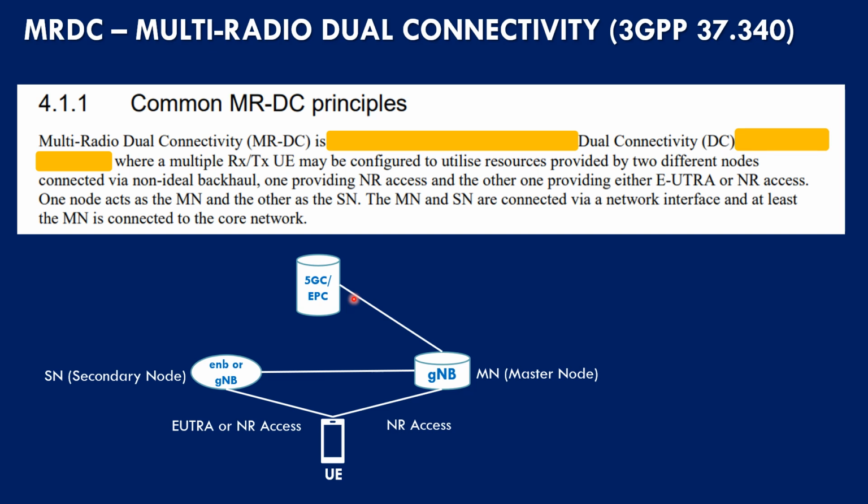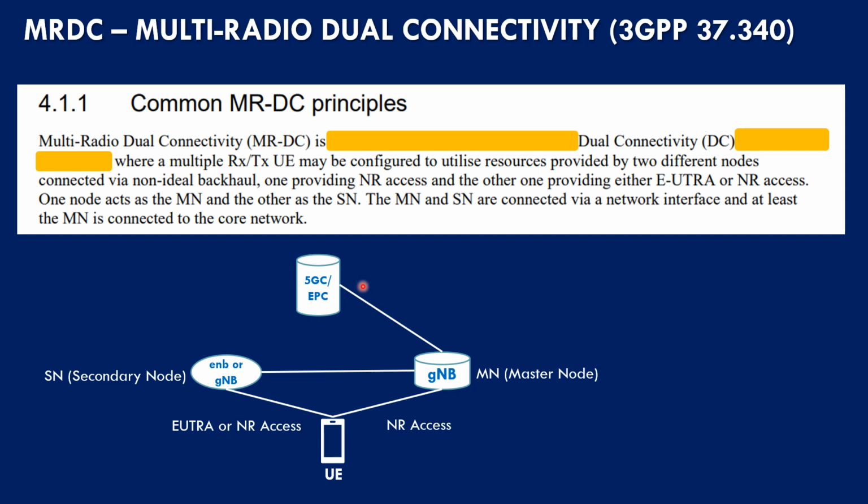Now based on this definition, there can be two types of MRDC. First, MRDC with EPC, where the master node is connected towards 4G core, and second, MRDC with 5GC, where the master node is connected with 5G core.